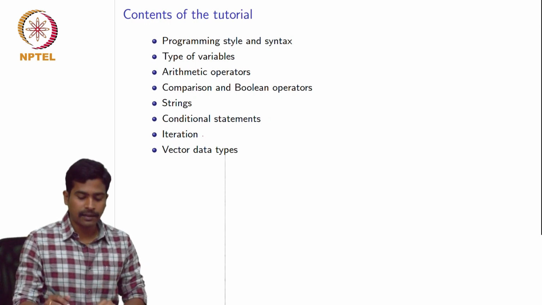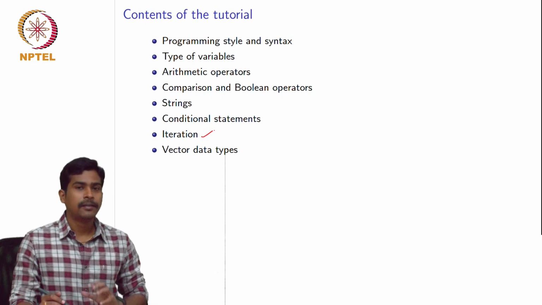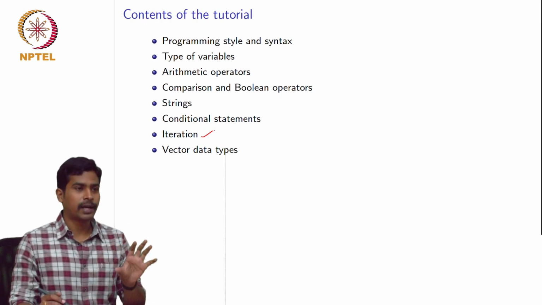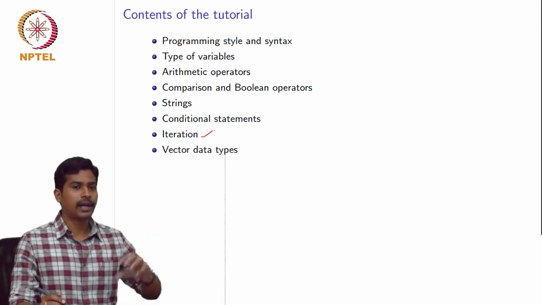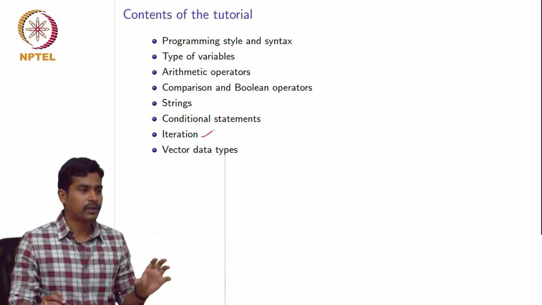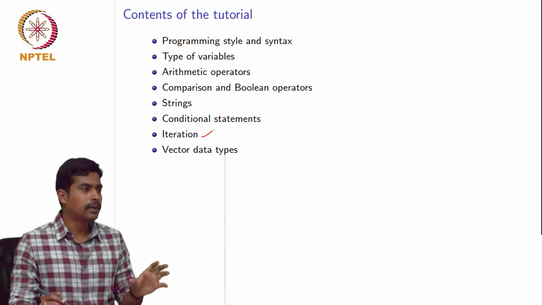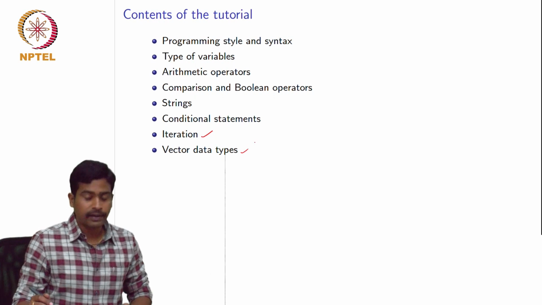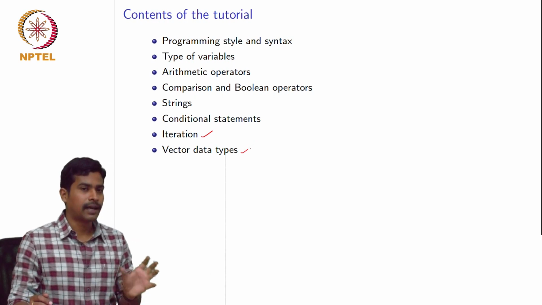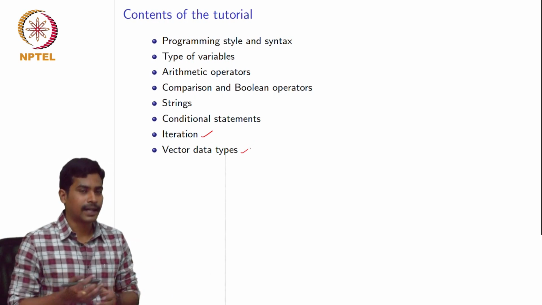And finally, the most important thing is iteration, because if you want to do a computation many times, like 100 times, instead of writing the same code 100 times, you can use an iterative approach like a for loop or while loop. Finally, we will see vector data types, which are like arrays to store similar types of data.